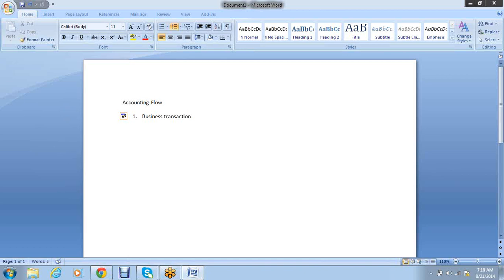Once the business transaction takes place, it is recorded in your journal. I'm not talking about SAP terminology, but the general accounting flow. The journal is where your entries are done and the business transactions are recorded.